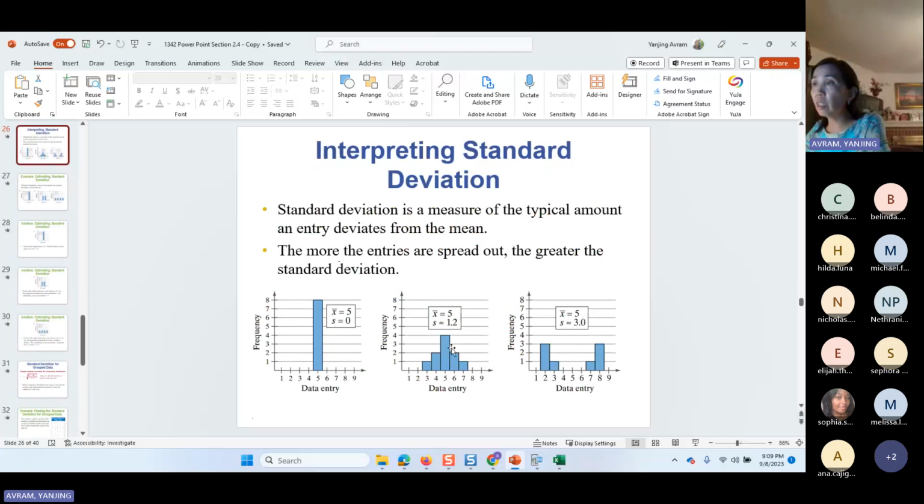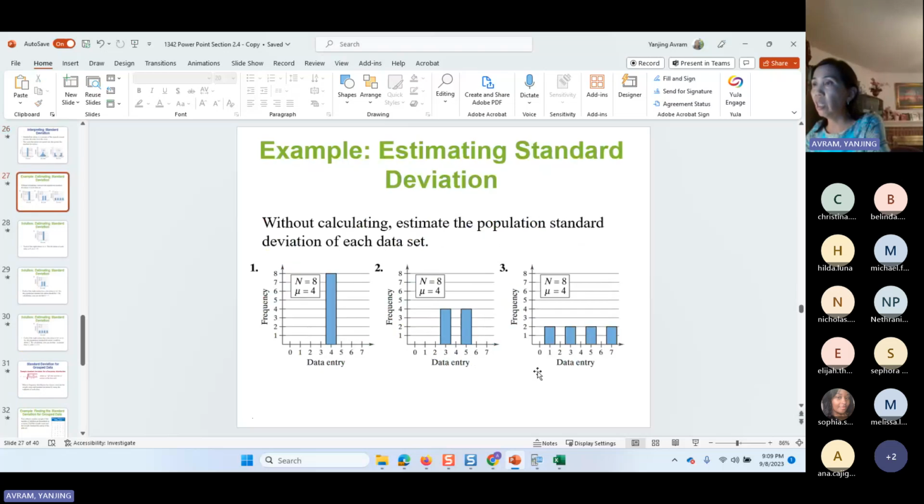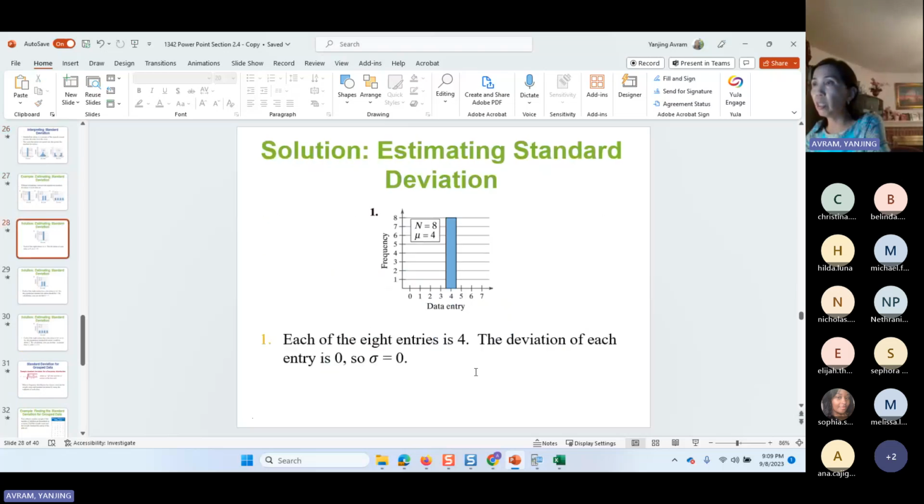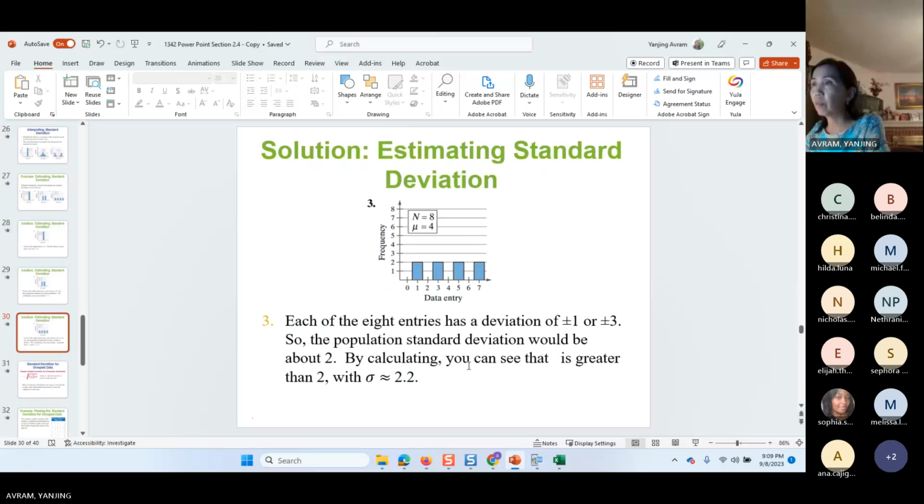This one looks like a pretty standard spread, going up and down, so the standard deviation here is 1.2. This one looks like it's pretty much everywhere, so it's pretty far away. So this spread is bigger, 3.0. That is how you look at the spread.